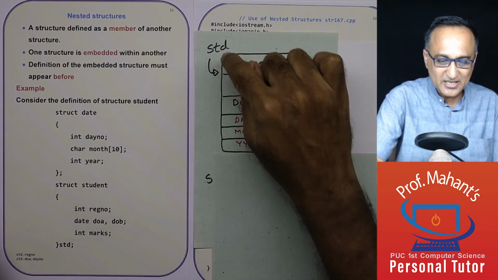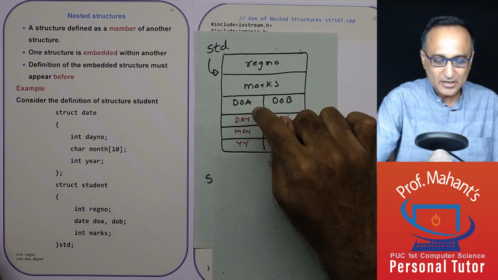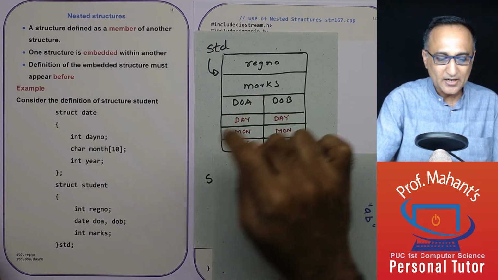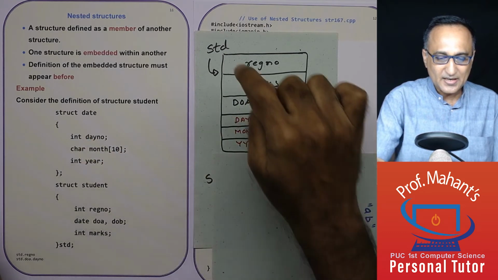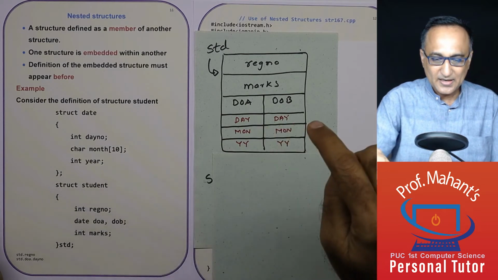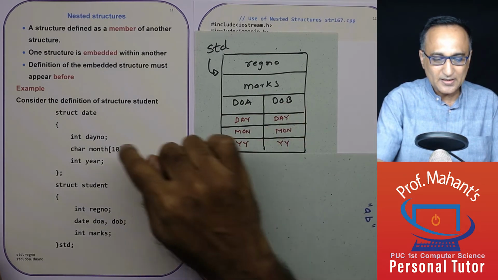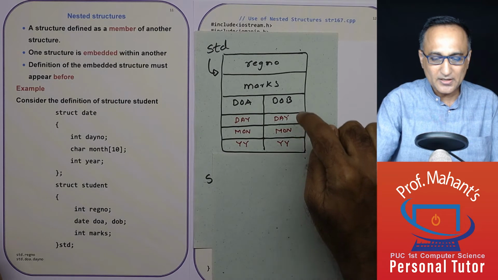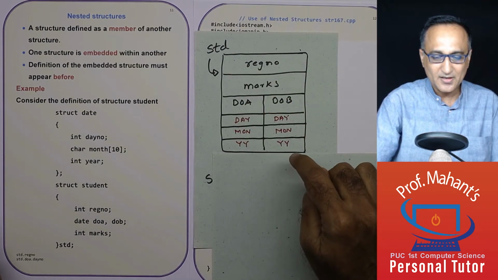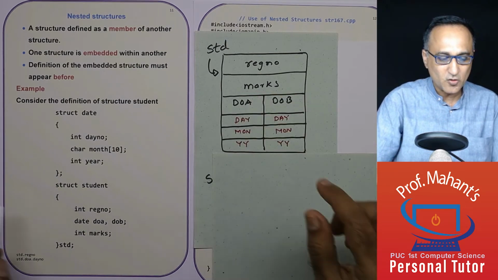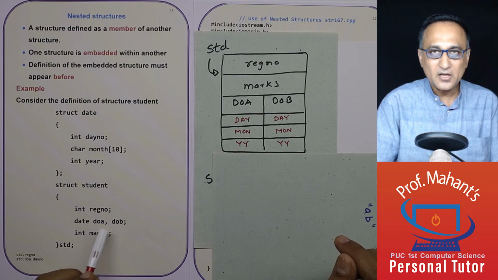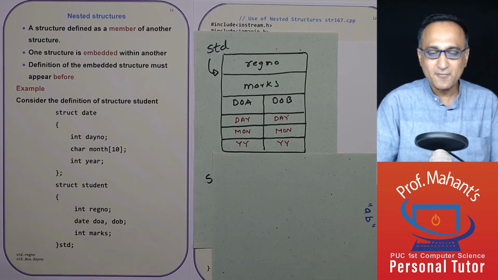I'll say std.doa.day number, std.doa.month, std.doa.year, std.dob.day number, std.dob.month, std.dob.year. Because this is another structure, you have to refer to them through these particular identifiers.